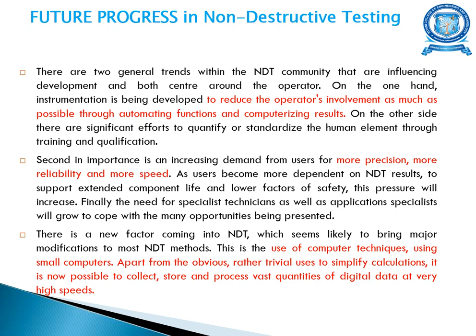On the other side, there are significant efforts to quantify the human element through training and qualification. Second in importance is the increasing demand from users for more precision, reliability and speed. And here the users become more dependent on non-destructive testing results to extend component life and to support a low factor of safety.